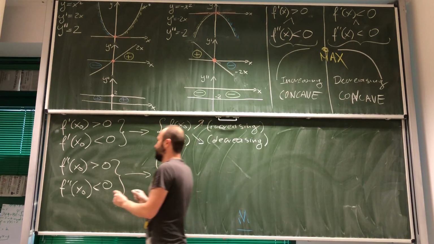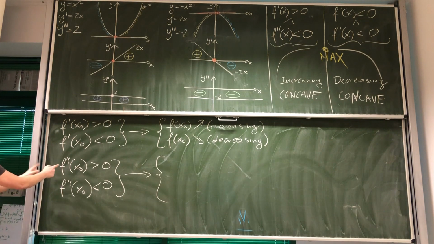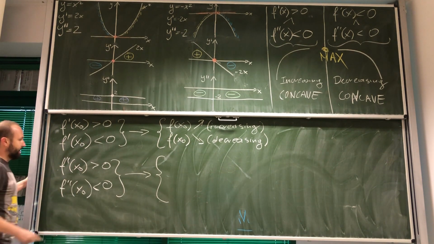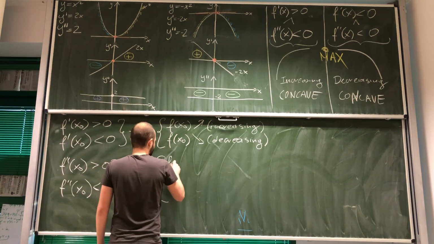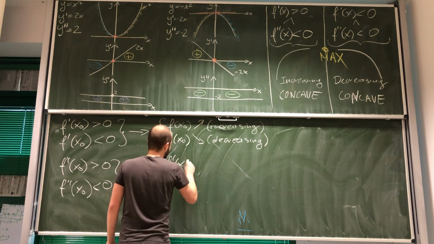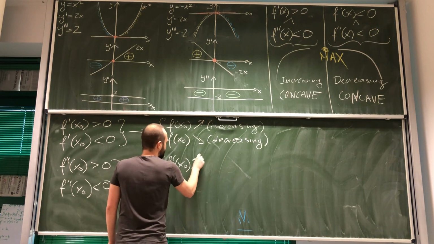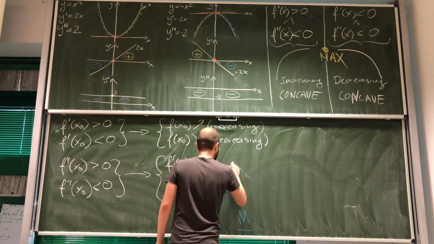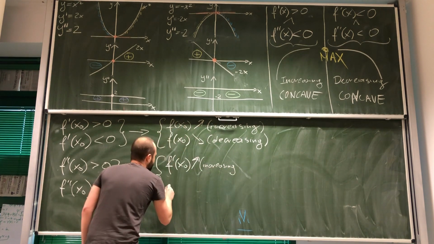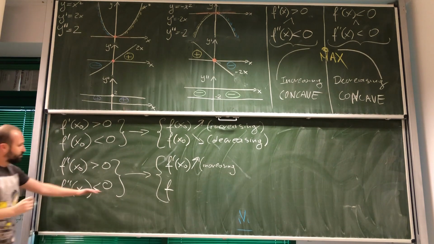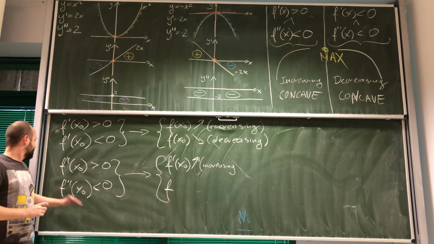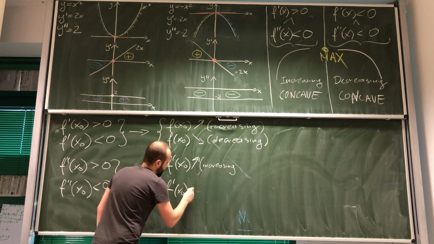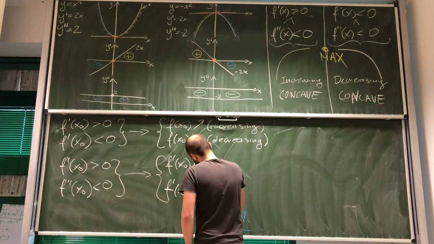Which means that if the second derivative is bigger than 0, it means that f prime at x0 must be increasing. And, of course, here, if the second derivative is negative, it means that f prime of x0 must be decreasing.